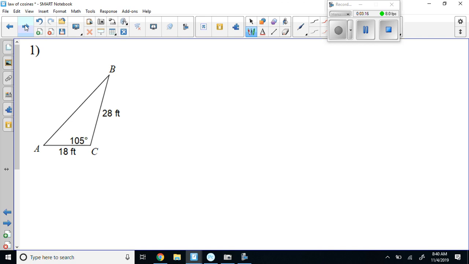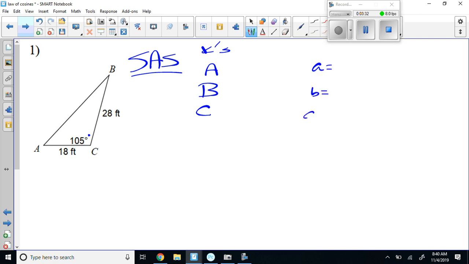I've got a side, angle, side. With side, angle, side, I'm going to use the law of cosines. Here are the angles and here's your side, going back to the table.